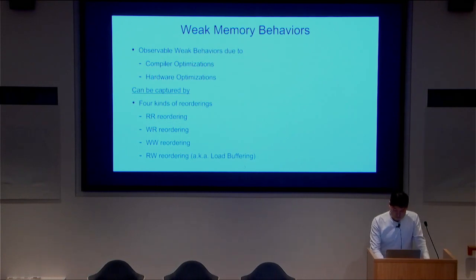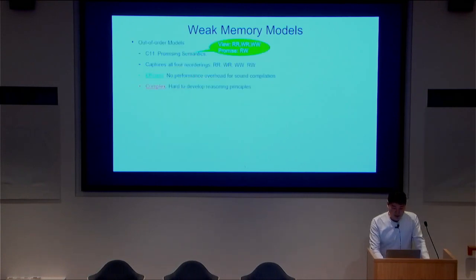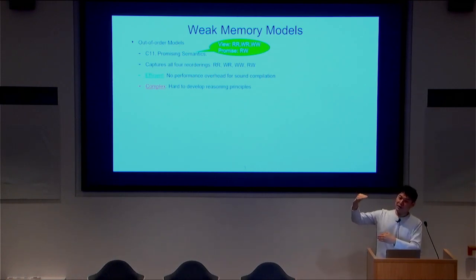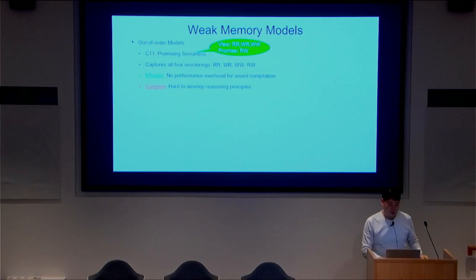There are many weak memory models, and among them, some models are themselves out of order. In these models, your instructions can be executed out of order. C11 is like that, and promising semantics is also out of order, and these models capture all 4 reorderings in a correct way.